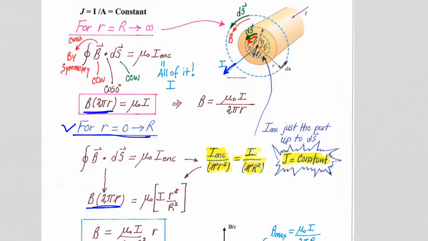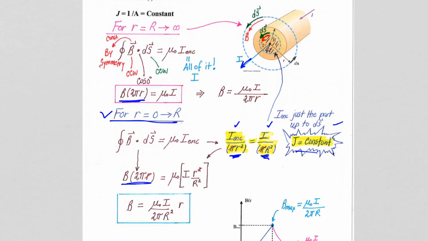And as I have starred here, or exploded here and highlighted, we're going to use density. So the current enclosed divided by pi r squared has to equal the total current divided by the total area. It's density equals density. Current density equals current density. J is constant. And we're going to solve that for I enclosed and put that in here.